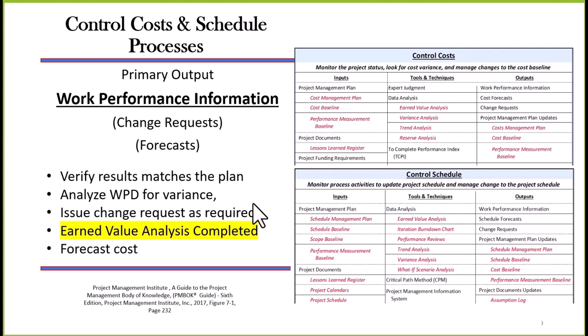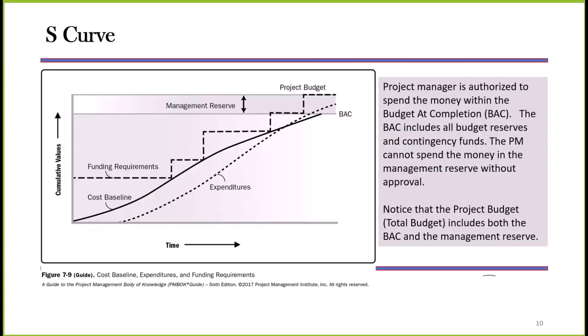How are we performing? Do the results, the actual, match the plan? Do we have to issue change requests to bring the variances under control? What is our forecast based on our analysis? And all of these will be an output as a result of the things we do in control cost and control schedule.